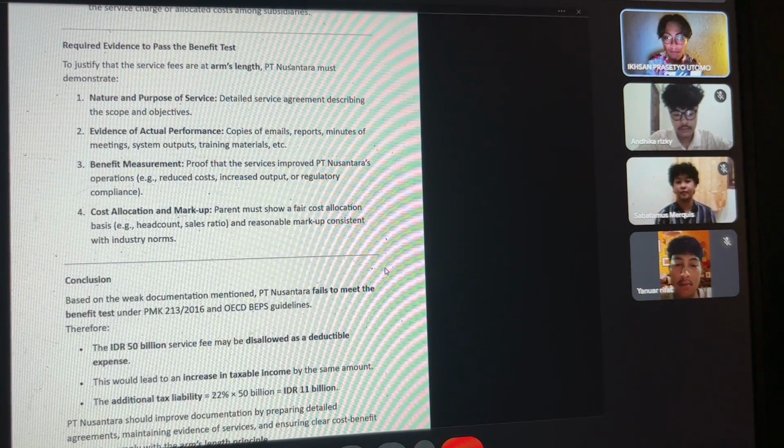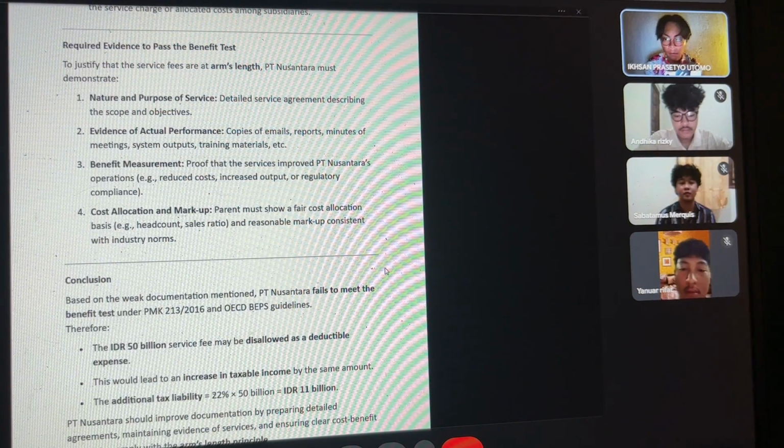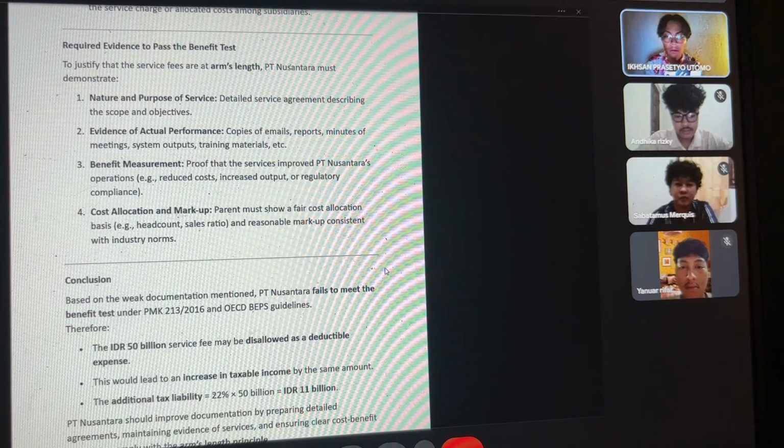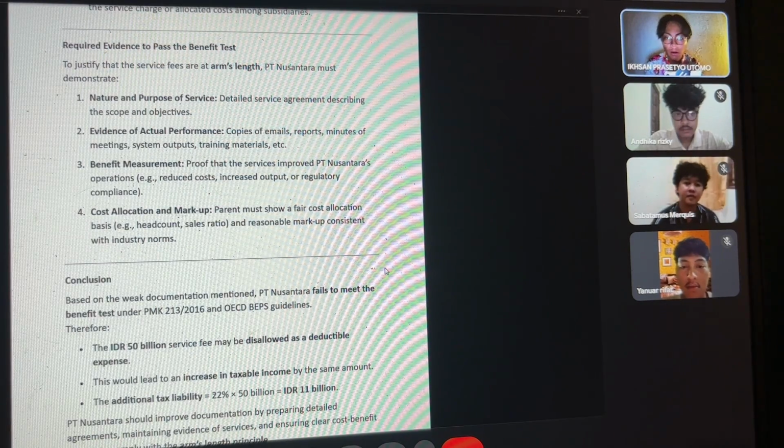Number two, evidence of actual performance, copies of emails, reports, minutes of meetings, system outputs, training materials, etc. And then number three, benefit measurement, proof that the services improve PT Nusantara's operation, reduce cost, increase output, or regulatory compliance.